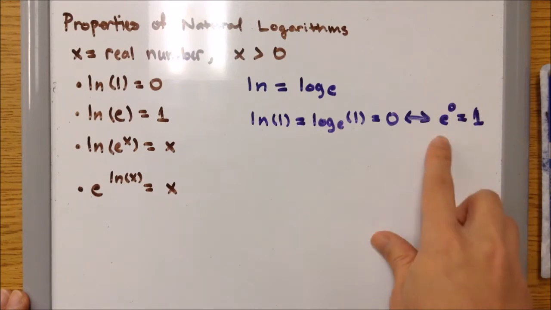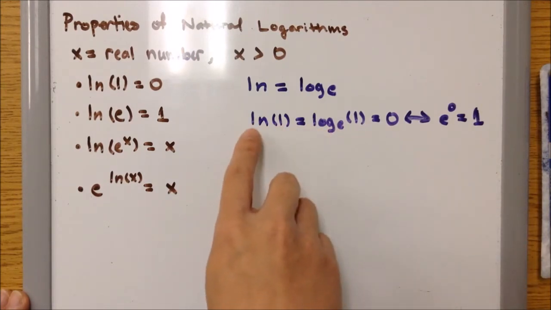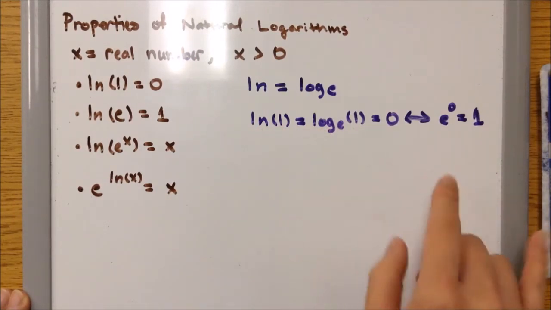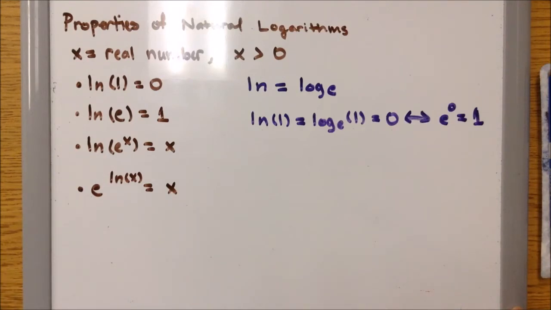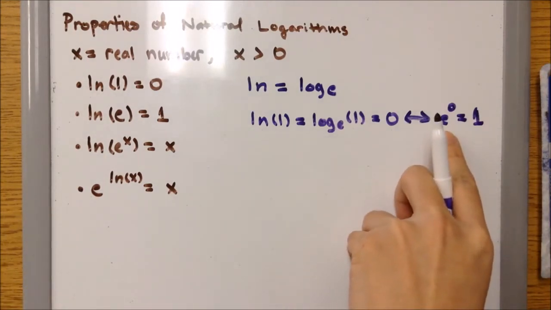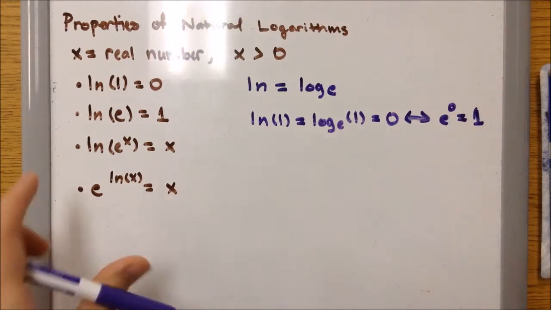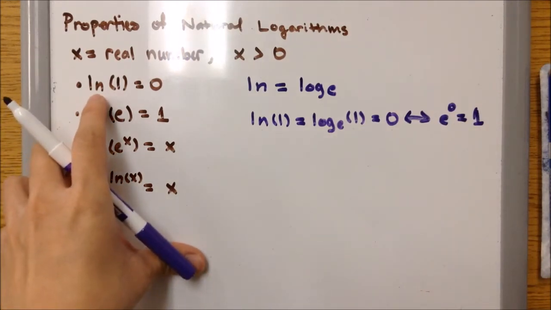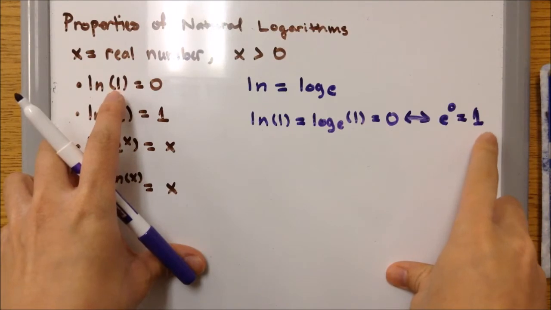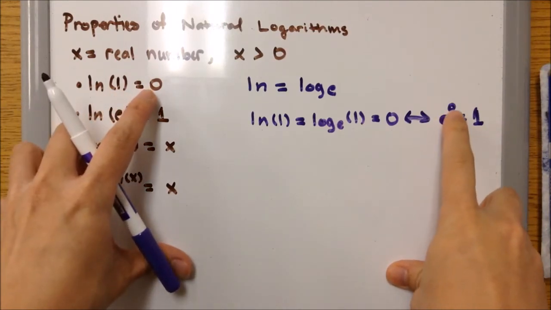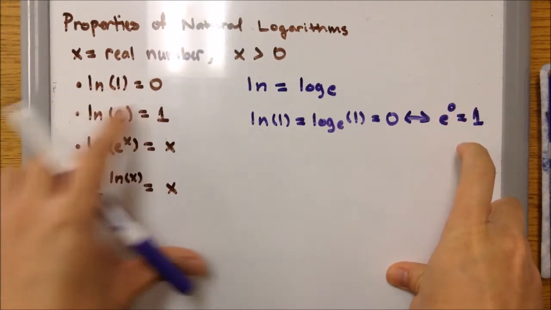There's a button for e, there's a button for log, and there's a button for ln. So all of these are functions that have a close relationship to each other. So again, anything powered by 0 is 1. So that's why ln of 1, which is the answer, equals the exponent, 0. So this is always true.